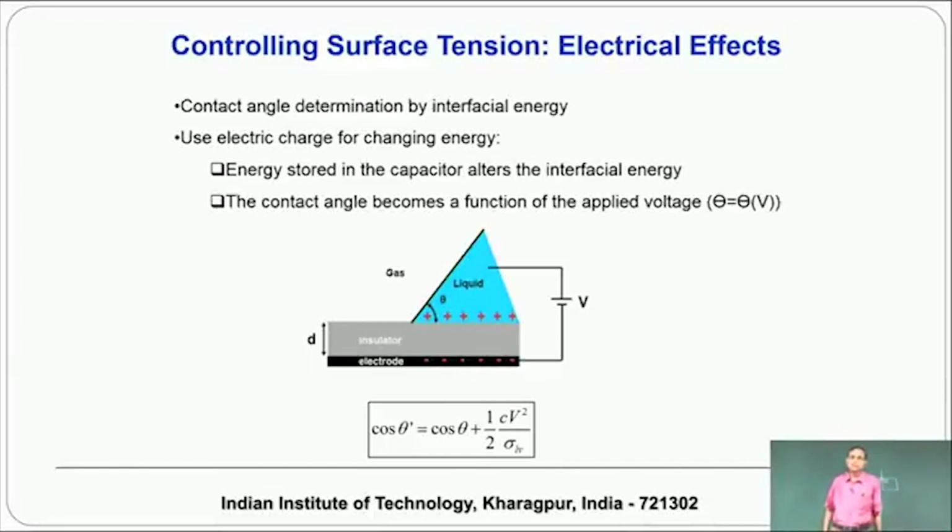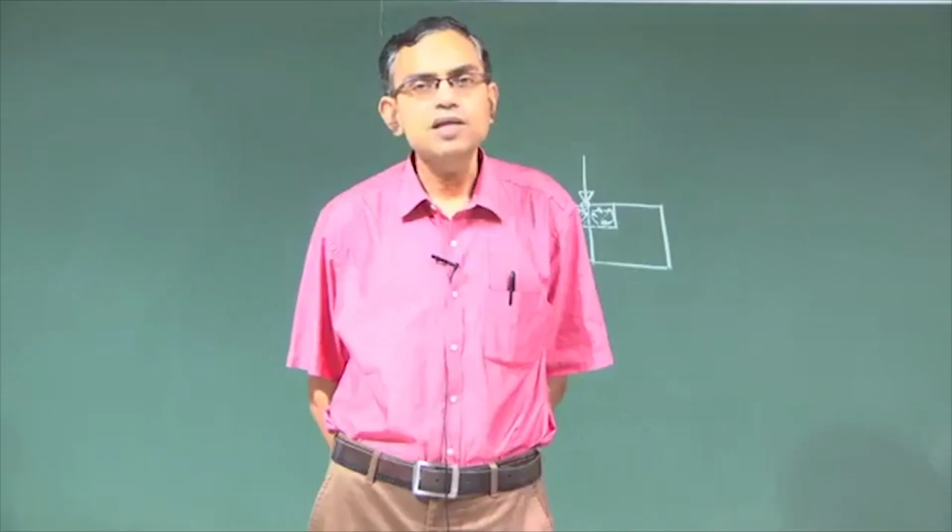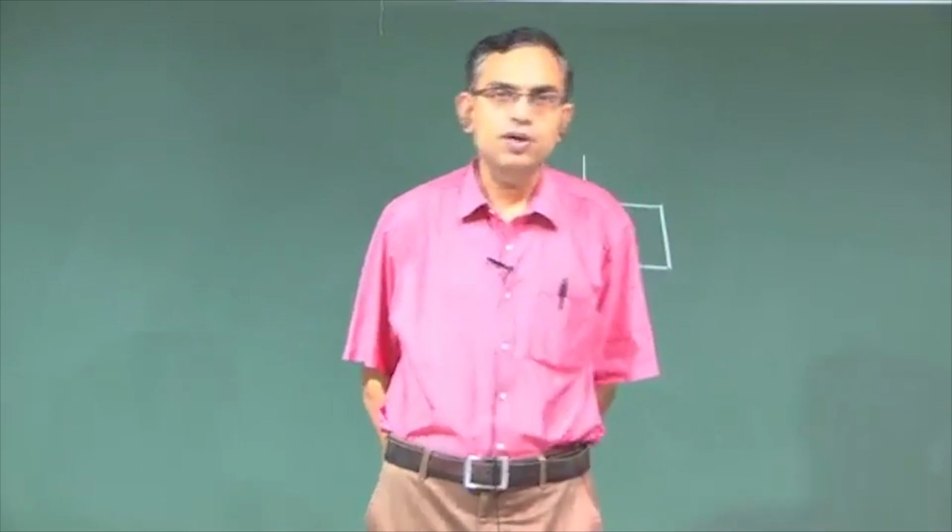So, that C is the capacitance per unit area, sigma LV is the liquid vapor surface tension coefficient and V is the voltage. From here you can clearly see that there is one very important finding from this formula.